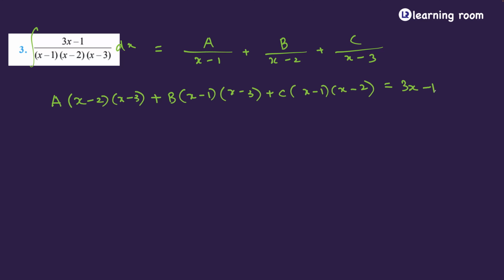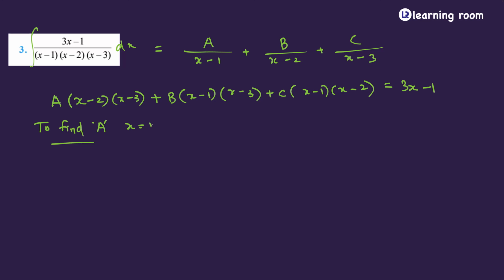So now, if you need to find the value of a, what are we supposed to do? To find a, what should I substitute? I'll put x is equal to 1. Substitute it here. When you put x is equal to 1, this will become 0 and this will become 0, b into 0 and c into 0.